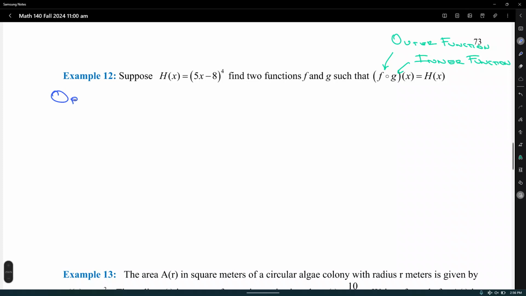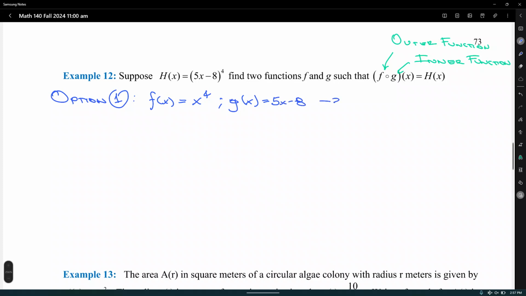So option one. Actually, our outer function looks like something to the fourth power, and our inner function looks like this binomial, 5x minus 8. So this means we can call f of x equals x to the fourth power and g of x, the inner function, 5x minus 8.